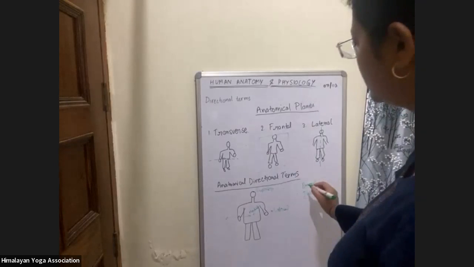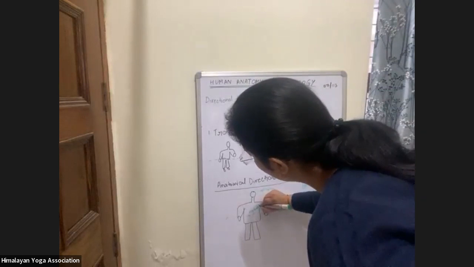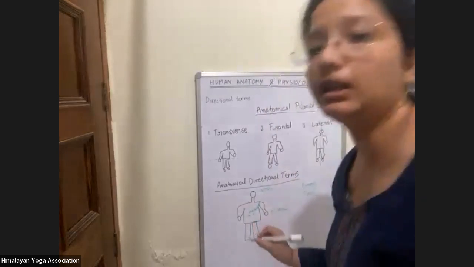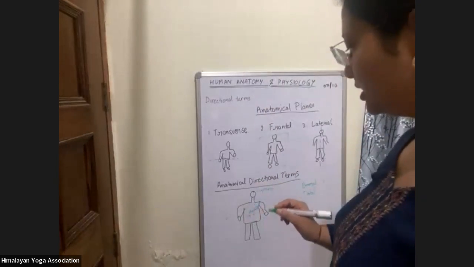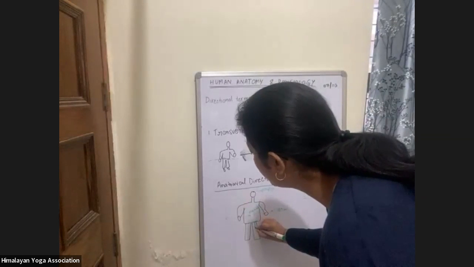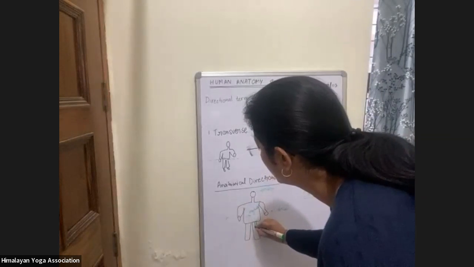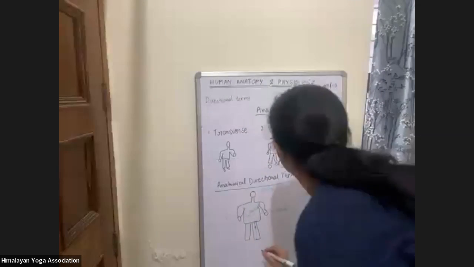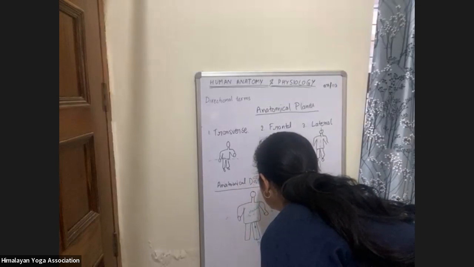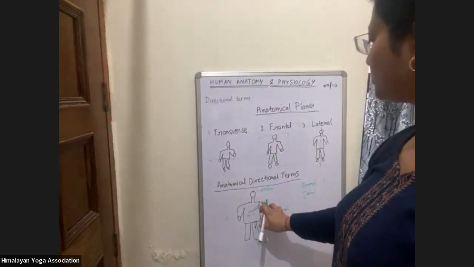What is proximal is this, towards the origin of the limbs. Wherever the limbs are originating, that's called proximal. If you go further away from the origin, that's called distal. If a point is in proximity, it's called proximal.